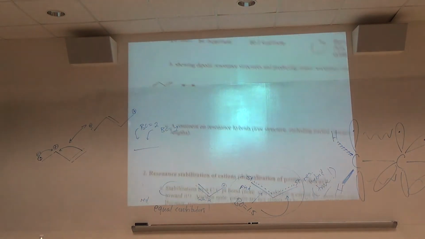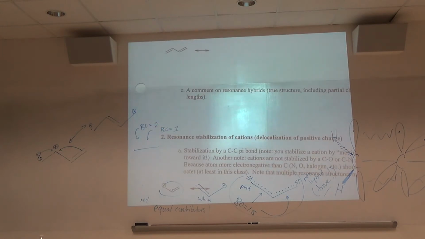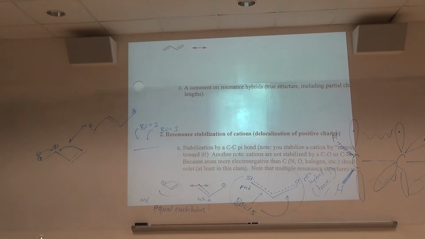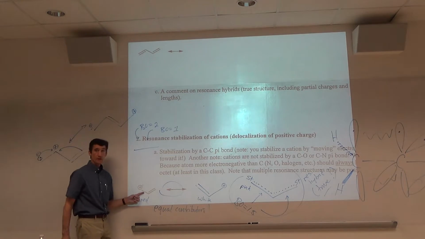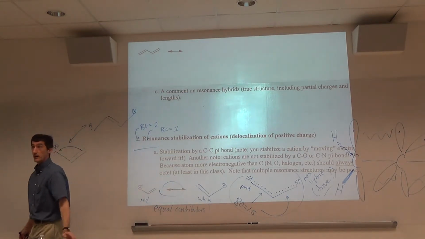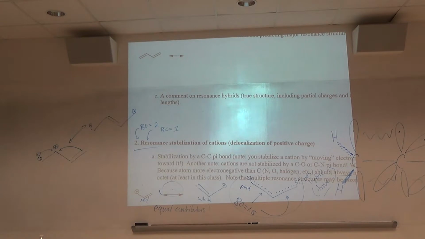For example, all of your fake resonance structures should have the same charge. That has a plus, so that has a plus. All resonance structures have the same net charge. There's many other things over there. Bonding does not change.